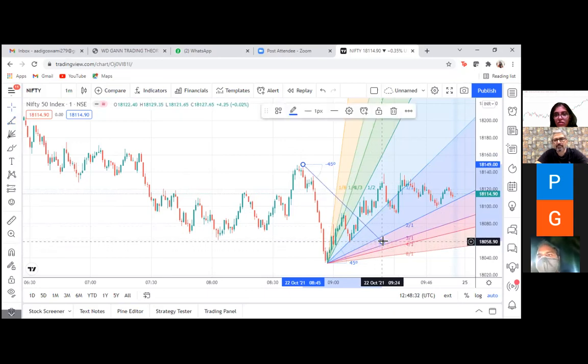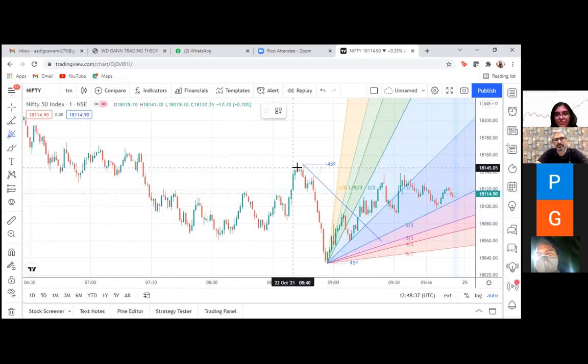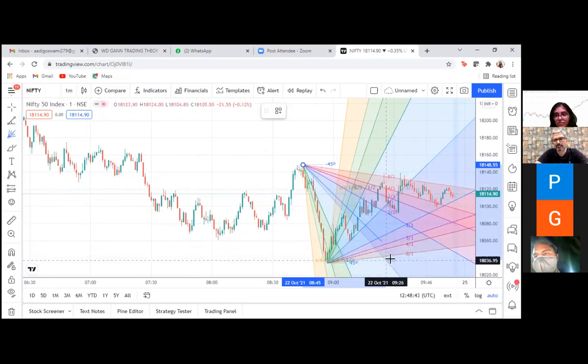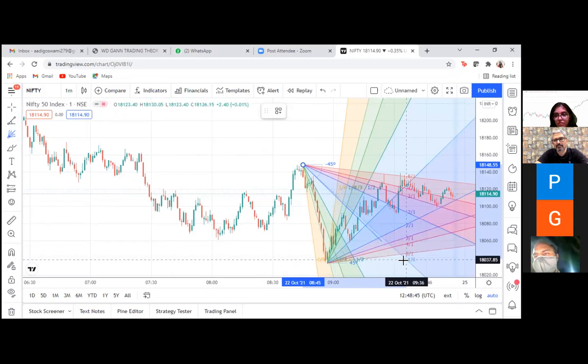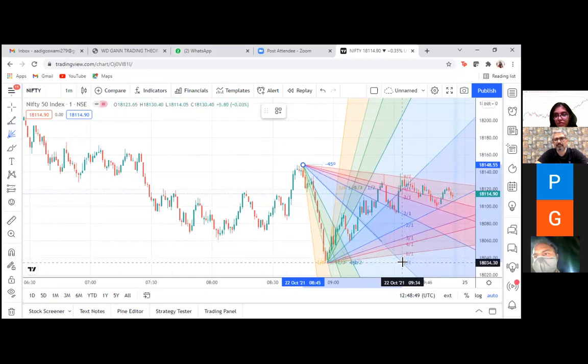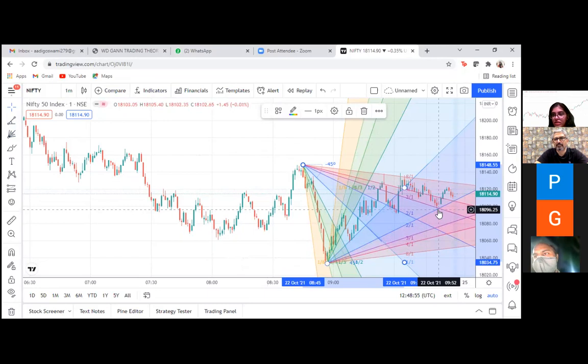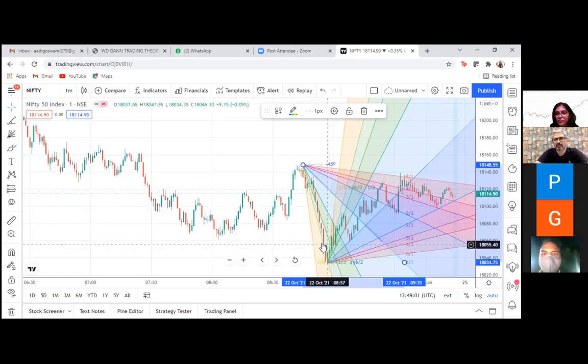So over here as well, these major points like this one can also act as support.